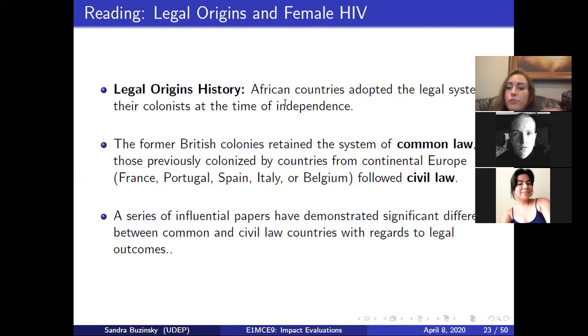There are really important differences between civil law and common law that are going to affect a woman's bargaining power in her household. So they're going to use these differences in law structure to say how much bargaining power a woman has, and therefore we can compare differences in HIV rates.